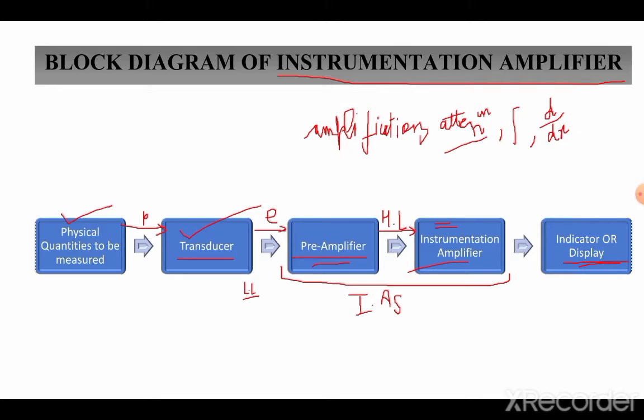The output of the instrumentation amplifier will be fed to the indicator or display unit, which will convert the electrical signal into a visual quantity that can be seen on the screen or pointed on the indicator.